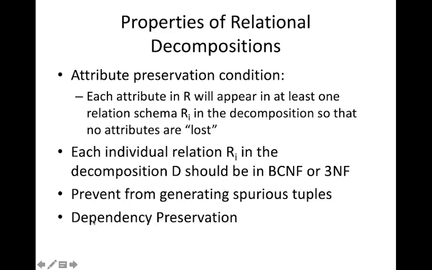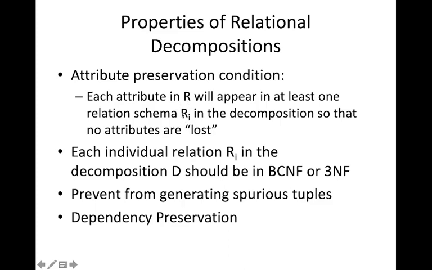Another property that should be satisfied is that all the functional dependencies should be preserved. That is, in R, the universal relation schema, there are some functional dependencies. All those functional dependencies should be preserved in the decomposition.